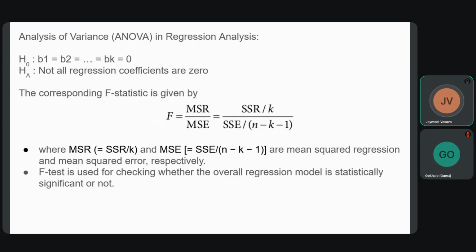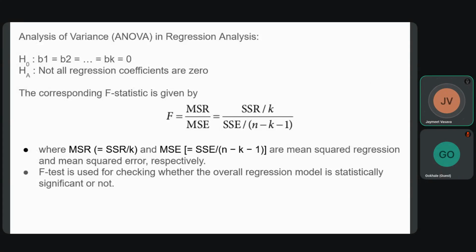Now, the analysis of variance in regression analysis. We have multiple coefficients, and our null hypothesis is that B1 equals B2 up to Bk, all equal to 0. The alternate hypothesis states that not all the regression coefficients are 0, so some can be, some cannot be.